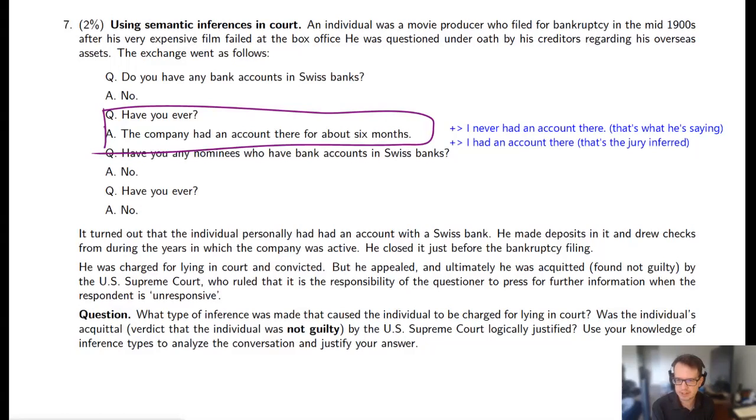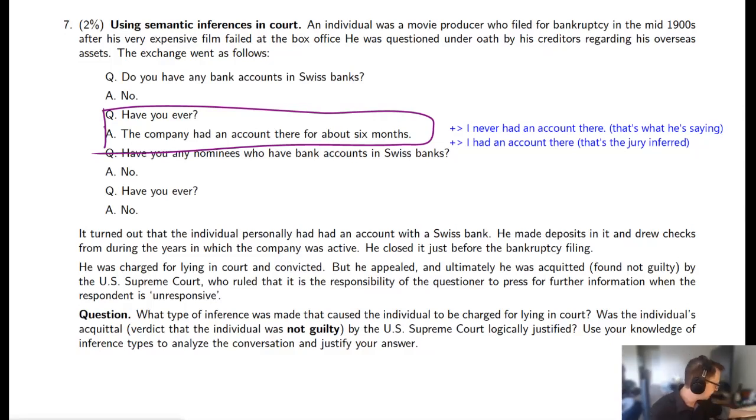So what this means is that they understand that this was an implicature. This was just based on expectation, that the defendant did not actually give enough information here, and that the questioner just assumed that what was said was, I had an account there. And they made an assumption about what actually happened rather than pressing for further information.